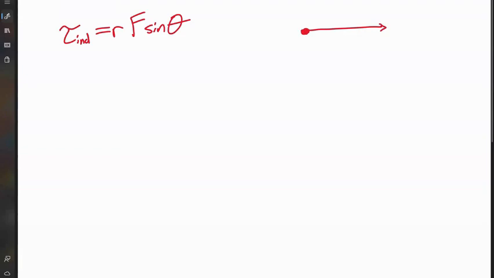If that's our radius and we have some sort of force here, so r, f, and then theta is the angle between the two, where 90 degrees is the most favorable angle for having a large torque. That's for an individual torque.